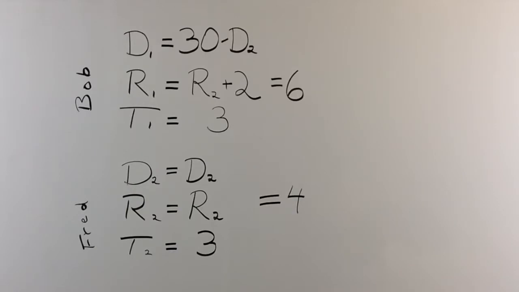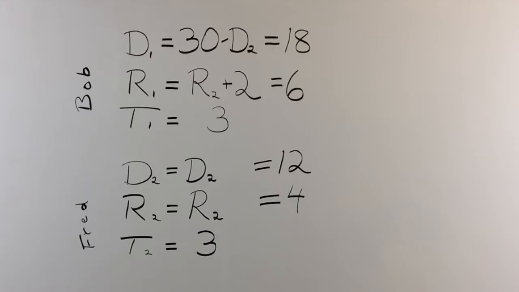And let's fill in the rest of the grid. For Fred, 3 times 4, R2 times T2, that would be 3 times 4 is 12. For Bob, R1 times T1, 3 times 6 is 18. And so that's the distance he covered.